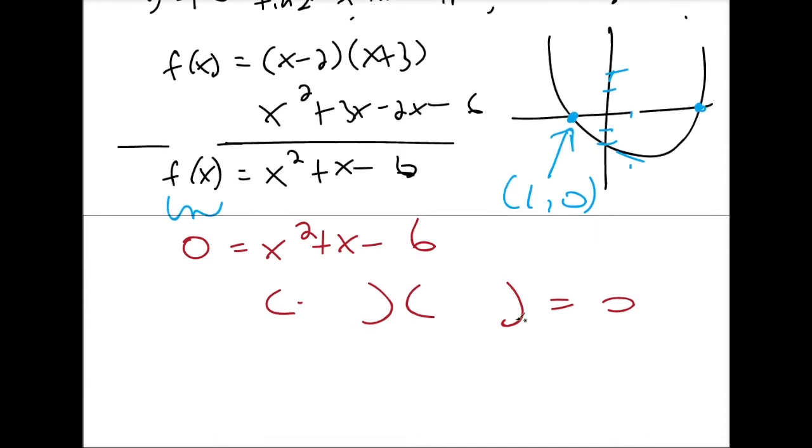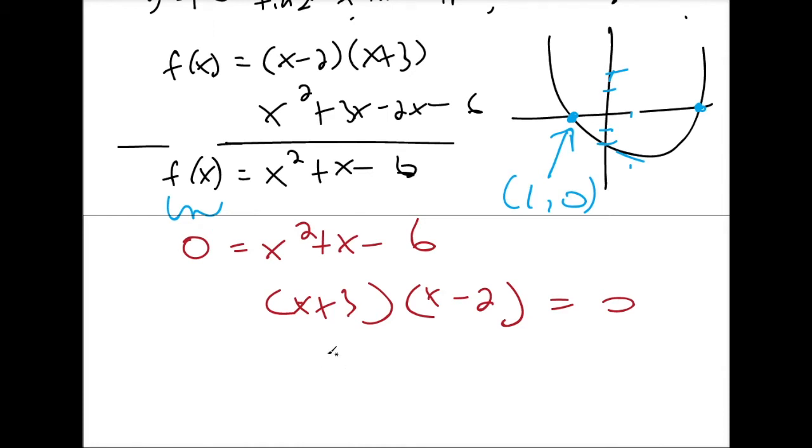What do you got? Wait, it has to equal 6, right? It's your multiplication. So wouldn't it be x plus 3 and x minus 2? That's perfect.